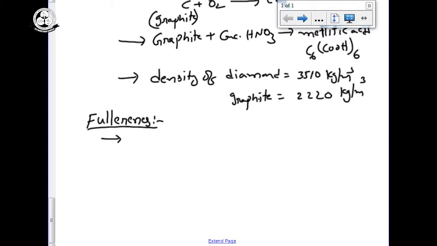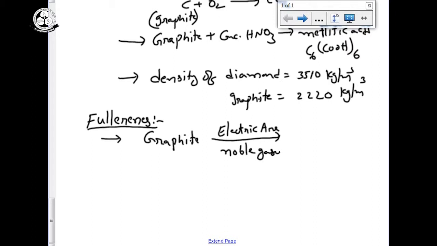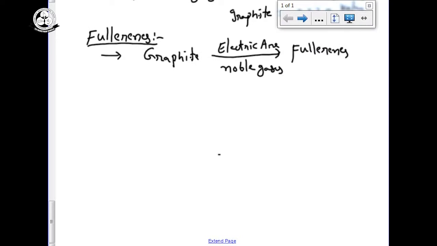Fullerenes can be prepared by heating graphite with an electric arc in the presence of inert gases, the noble gases. Then we can get the fullerenes.